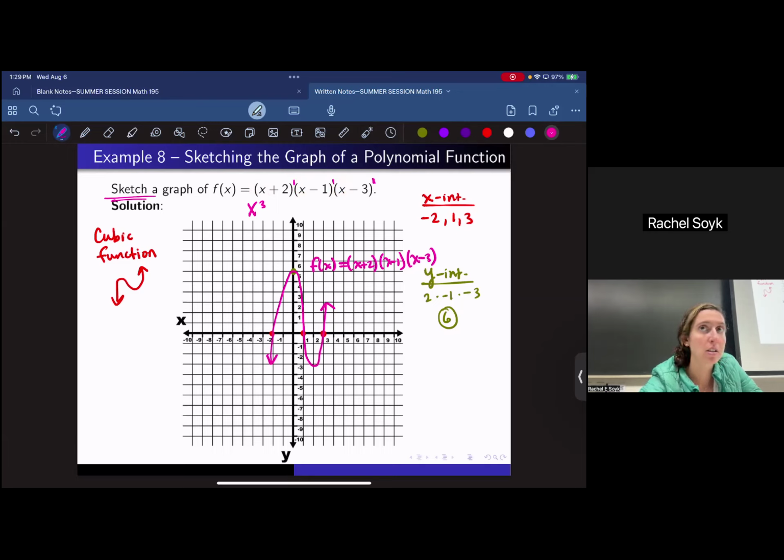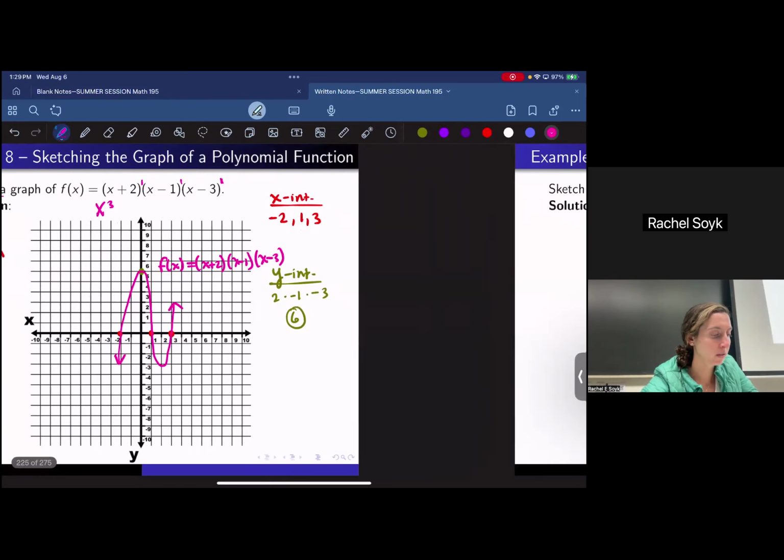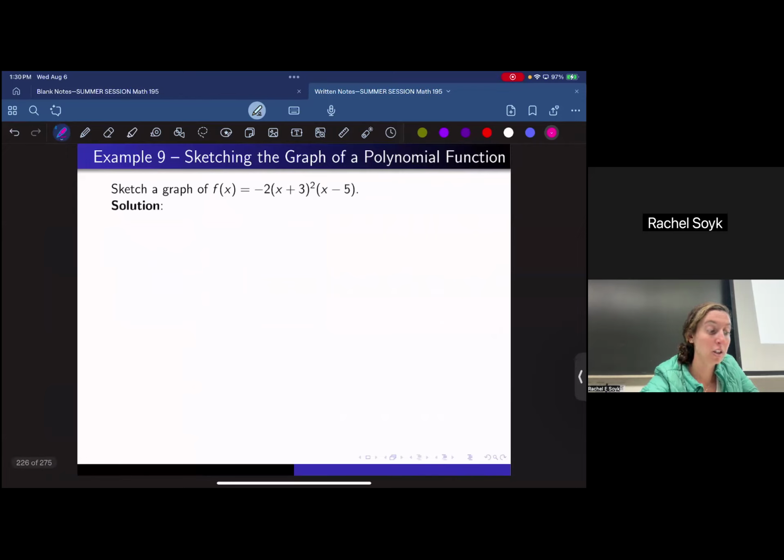Any other questions? All right. Let's look at this one. This one, we have a multiplicity that's taking place. And then we also have a little reflection. So as soon as you determine whether we have an odd degree or even degree polynomial, we look at that end behavior, and then we want to reflect it over that x-axis.